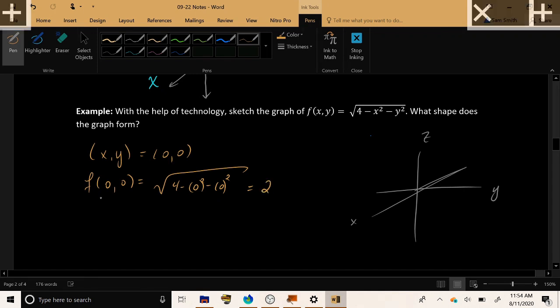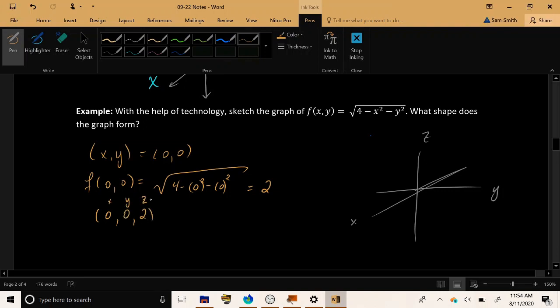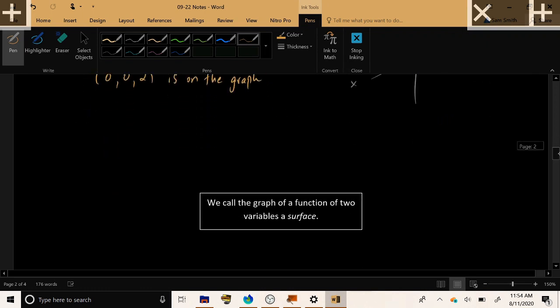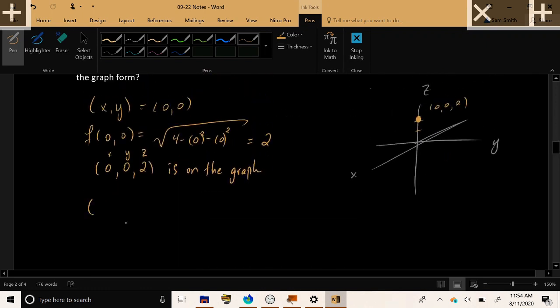Now, with an input of x, y equals 0, 0 and an output of 2, the point 0, 0, 2, x, y, and then the output for z, is on the graph. In order to plot this point, I would go 2 units up on the z-axis. I would not go any points in the x or y direction, and I would plot the point 0, 0, 2 up here.